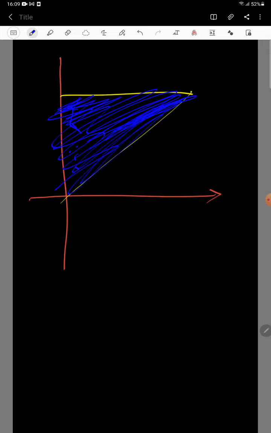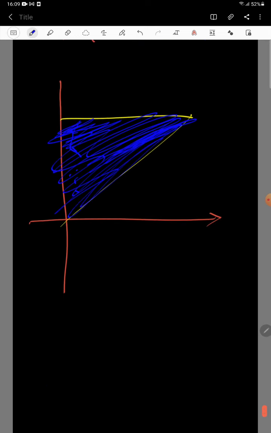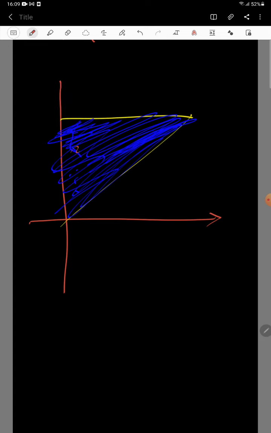Then I can take a strip parallel to the x-axis or parallel to the y-axis. I have shown you the examples with parallel to the y-axis. In this I will show you the example parallel to the x-axis. So you can take a strip parallel to the x-axis, and then you can expand this to get the complete blue region. This is the region R.